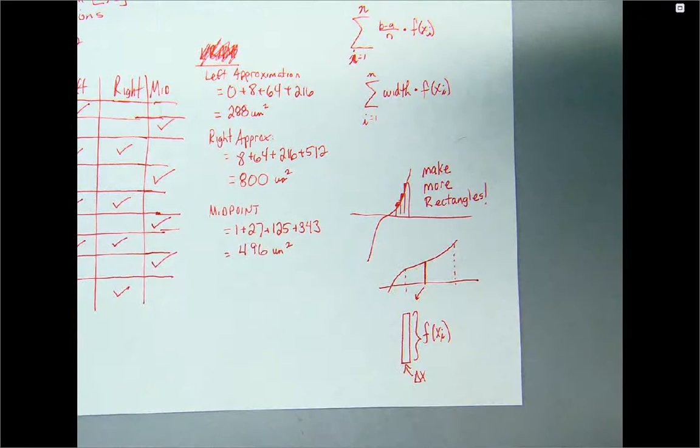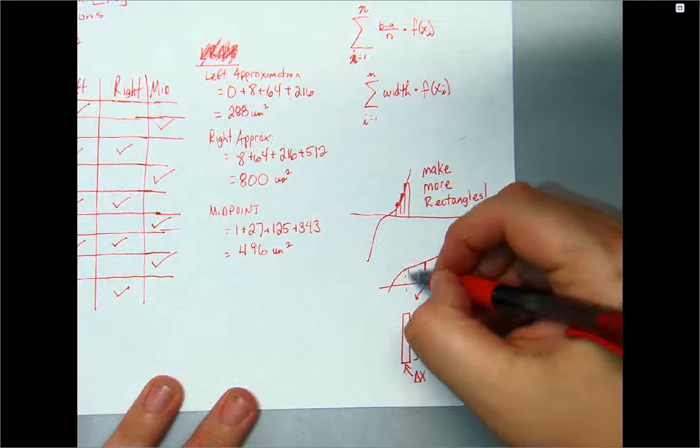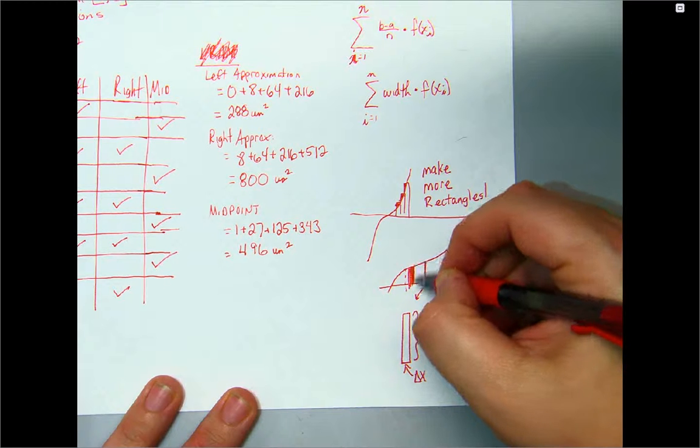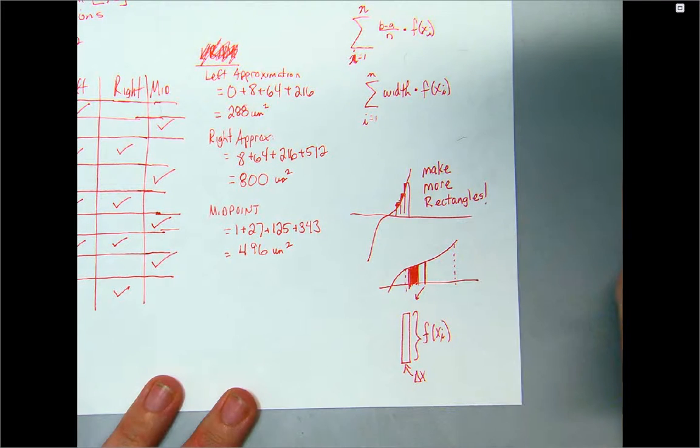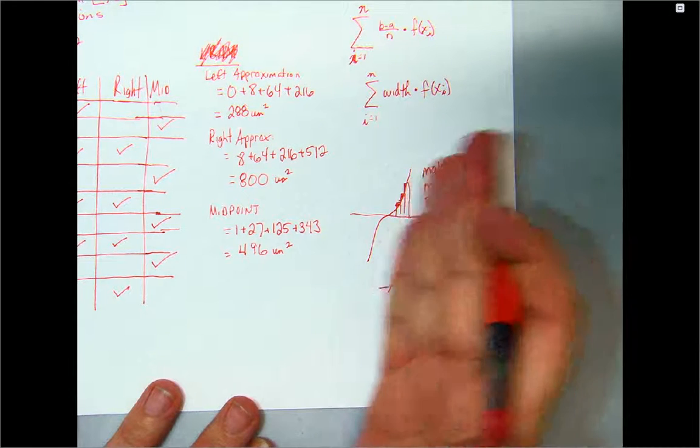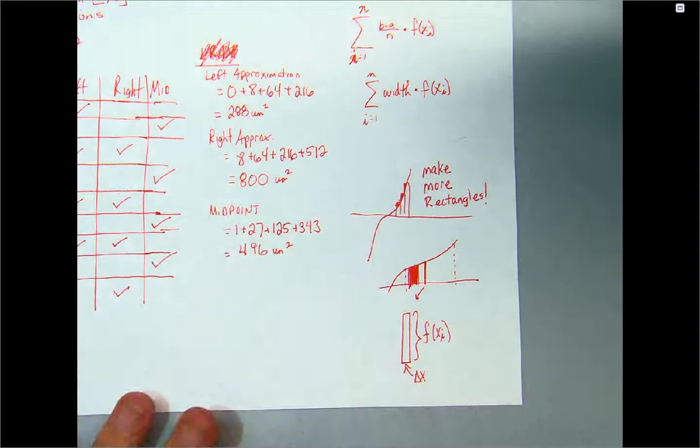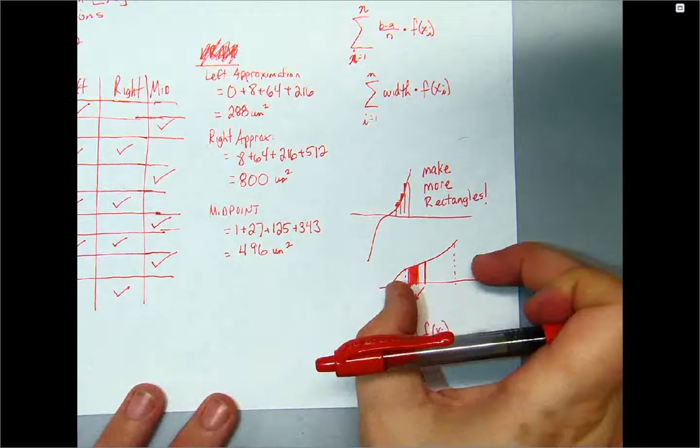If I can make it into an infinite number of straight lines infinitely close to each other, it's like a deck of cards. One card's super thin, but you put 52 together, it's about an inch thick. You put an infinite number of lines together, and all of a sudden you have the area under the curve.